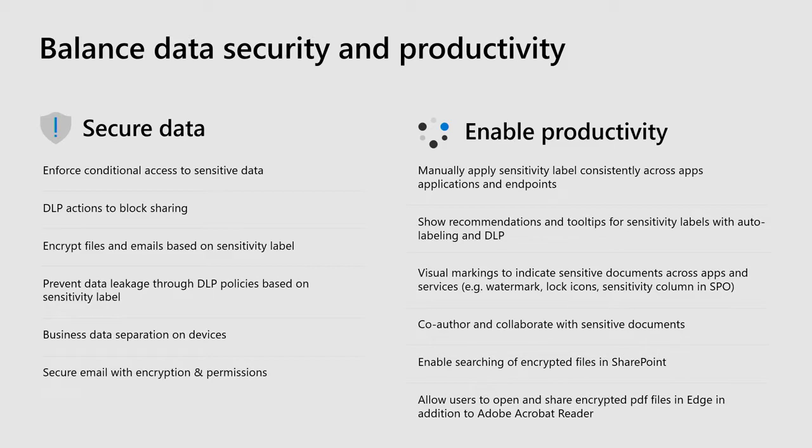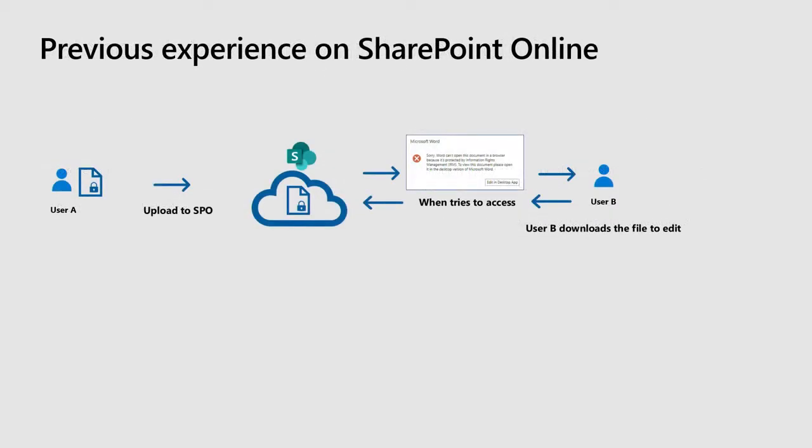Thanks, Tony. So just to set the context on what we were doing. Previously in the online experience in SharePoint, let's assume user A protected a document and uploaded it into SharePoint Online. If user B wanted to edit and author the document, they were forced to download that document, edit it on their rich clients on the desktop, and then upload it back into SharePoint Online.